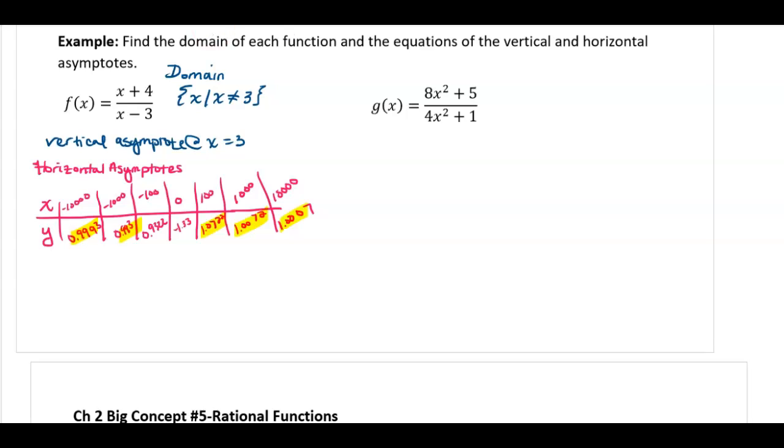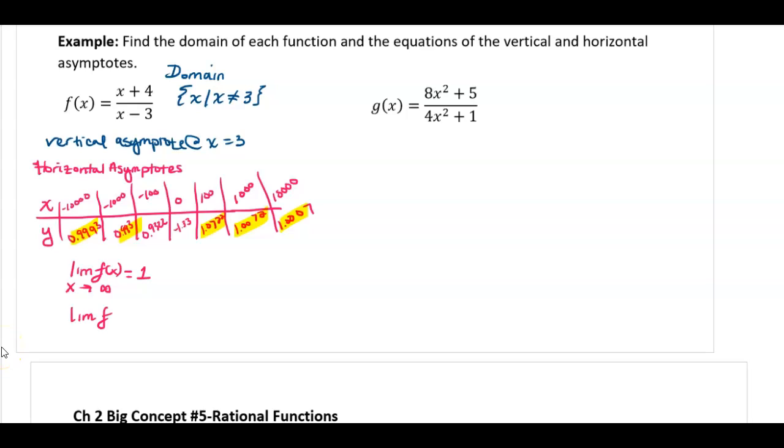If you said 1, you would be absolutely correct. So the limit of f of x as x approaches positive infinity, as we're going in the positive direction, it is getting closer to 1.